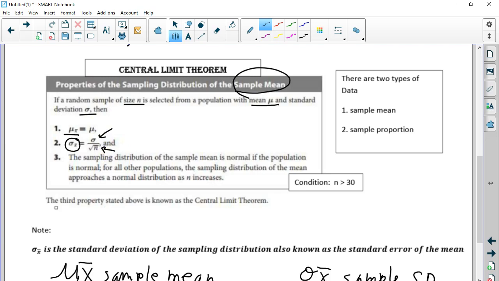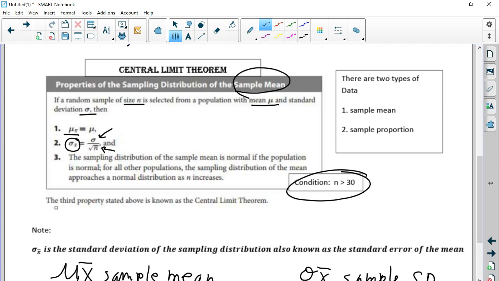And last, the sampling distribution of the sample mean is normal if the population is normal. But for every other population, as the sample size increases, the mean is going to approach a normal distribution. Now, this is very important.